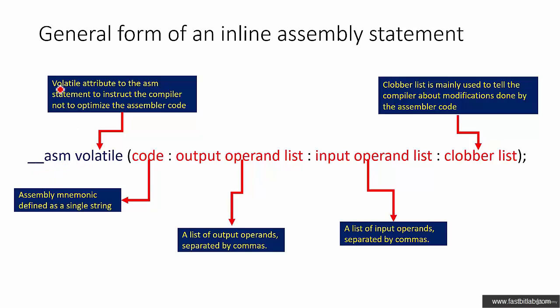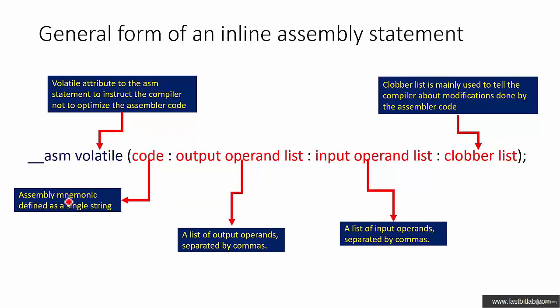After that, this volatile attribute is used to instruct the compiler not to optimize the assembler code. Sometimes what happens is when you enable the optimization, then the compiler may optimize the code that you have included here. If you don't want the compiler to do any optimization on your inline assembly code, then use volatile.